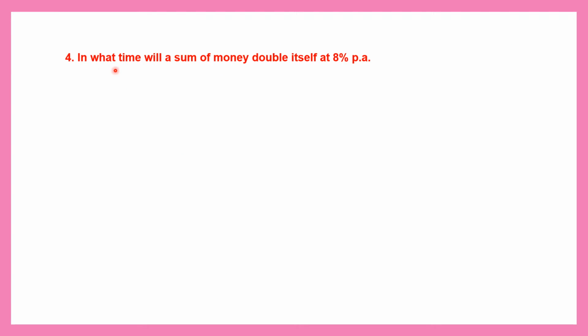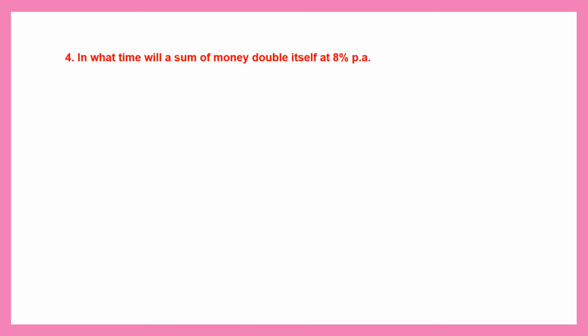Question 4. In what time will a sum of money double itself at 8% per annum? So what are we asked to find? We are asked to find time. And we are told that a sum of money, that is principal, will double itself and become the amount. So you have principal in the beginning, it will double itself at 8% per annum. And how long will that take?